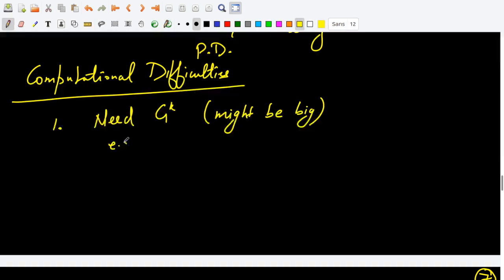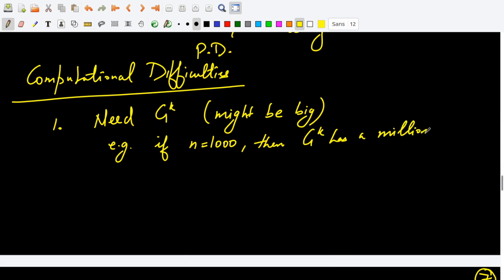For example, if n is 1000, then G_k has a million elements, and n equal to 1000 is not too big by today's standards.